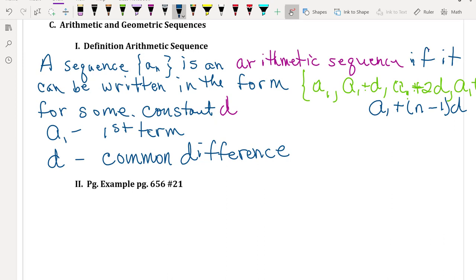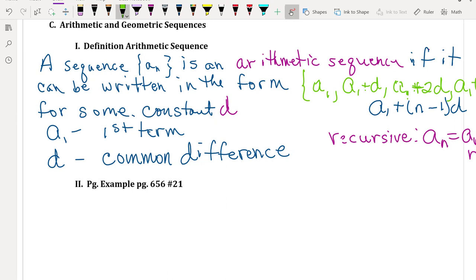Okay, so we have two formulas we work with here. We have our recursive formula, which is what I defined the first few terms as, and that looks like this. A sub n equals A sub n minus 1, and then you add a constant. So if you want the third term, you take the second term and add that constant. And of course, this is only going to work for n greater than or equal to 2.